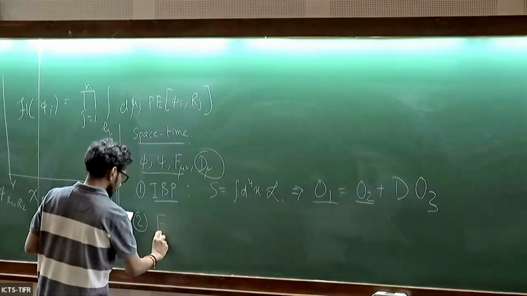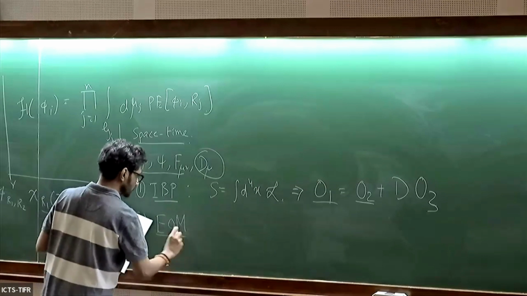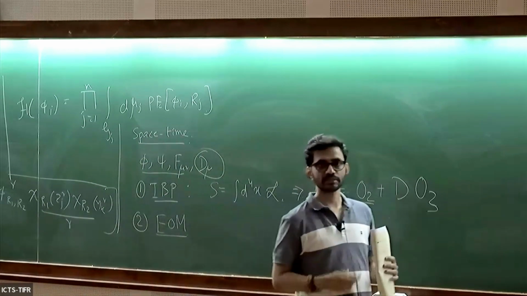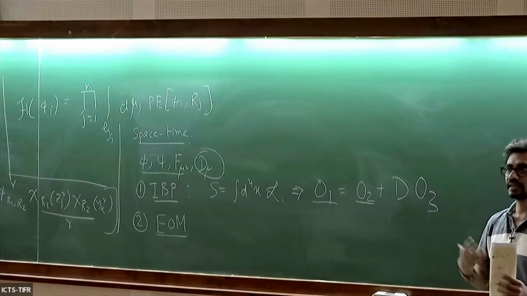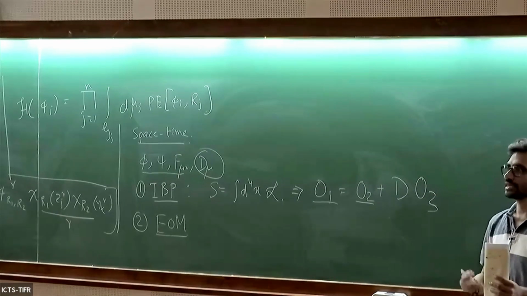But then there's another kind of constraint. The quantum fields that we are talking about are dynamical in nature. If they are dynamical, you can find their equation of motion.